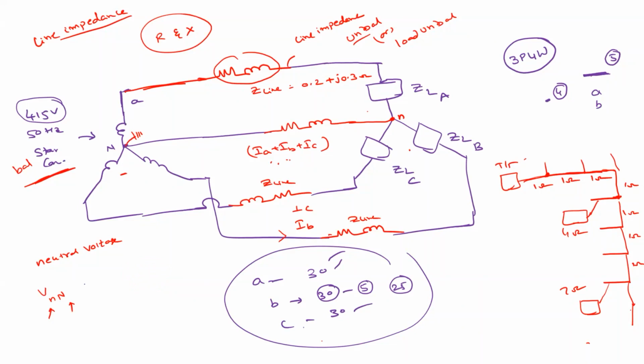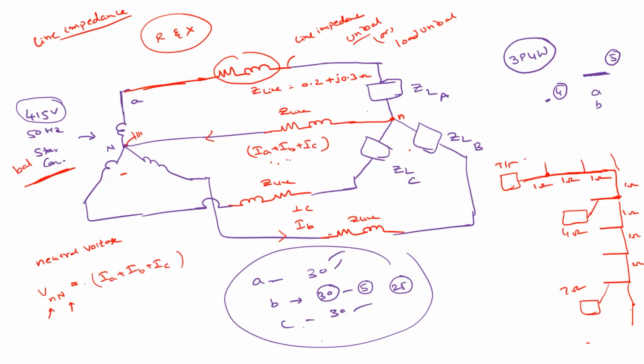Is it zero? No, sir. This is Z line. How much is this value? IA plus IB plus IC into Z line. So how is it moving? In this direction it is moving.